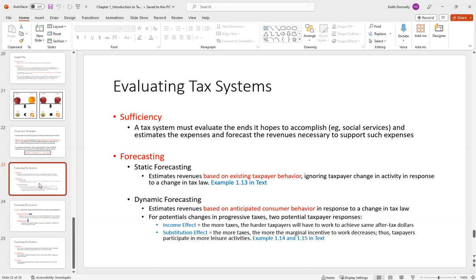So here's a story. This is example 113. I'm giving you the truncated version. Say that we sell 1 million packs of cigarettes, and let's say we're going to raise the excise tax on these by $2 a pack. So we think, hey, we're going to get $2 million from raising the price.